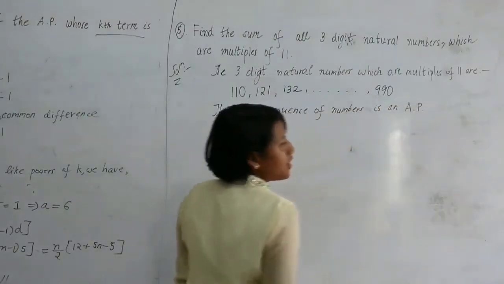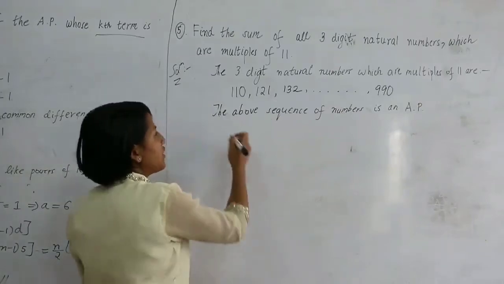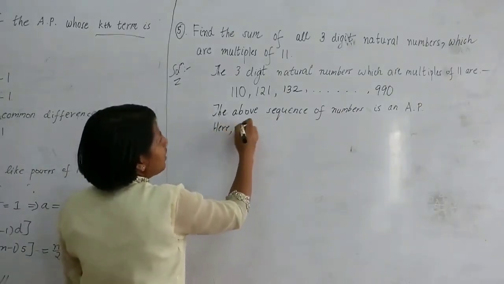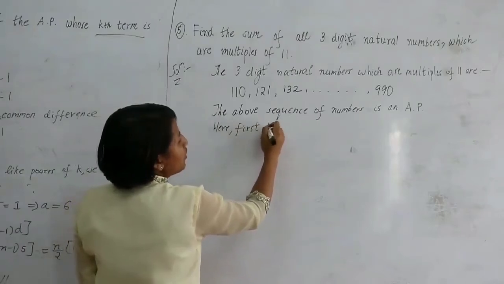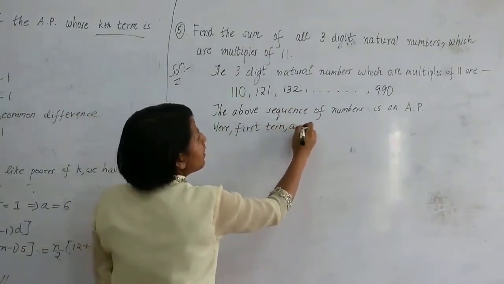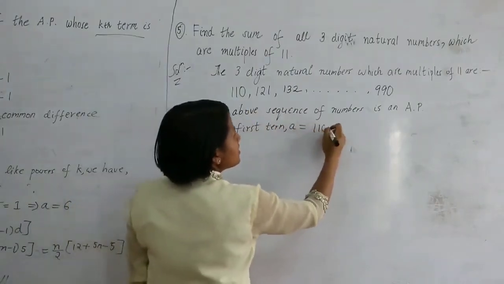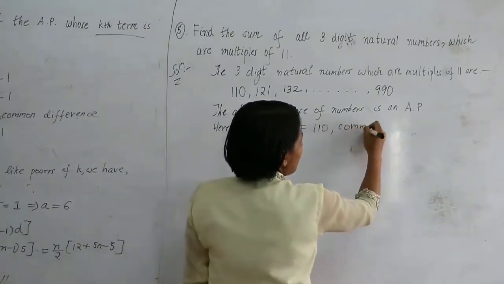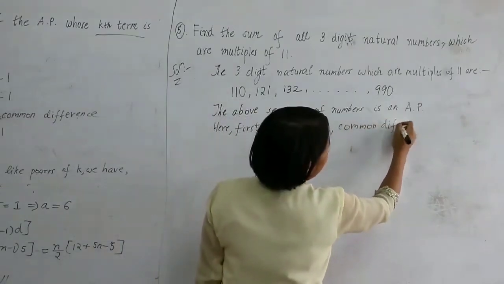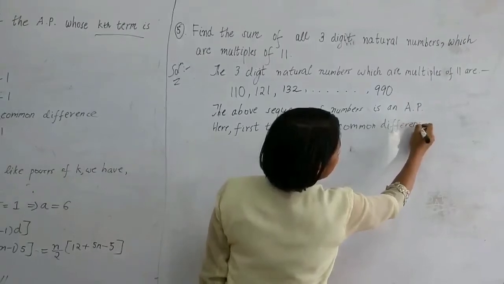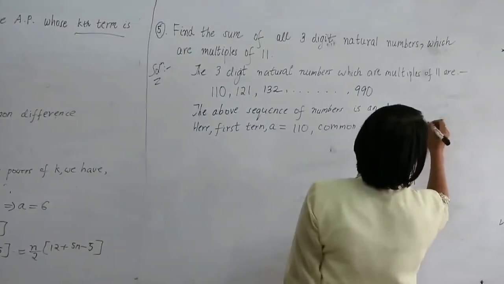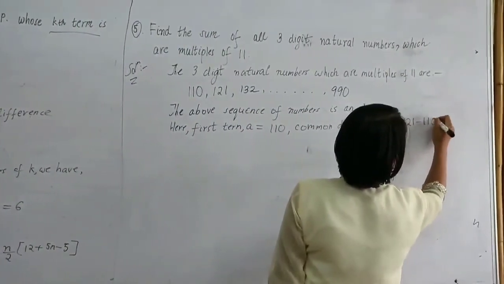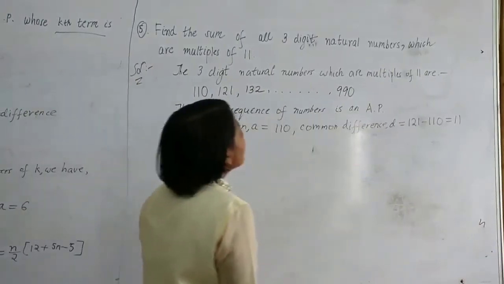As soon as it is an AP, you can find the first term and the common difference. If it is not, then you cannot proceed ahead. So the first term is this. Then the common difference will be 121 minus 110, which is 11.